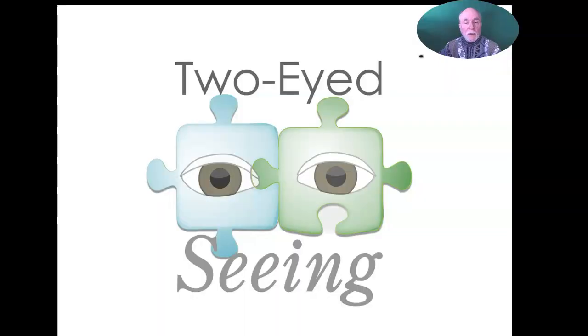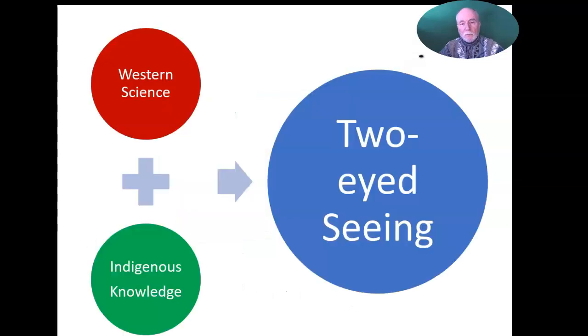Two-eyed seeing, then, is a way of looking at the world that combines Western science with Indigenous knowledge to give a more holistic perspective, and that principle of two-eyed seeing can be evaluated for its meaningfulness, its adherence, and the way in which it illuminates the relationship between human and nature, the results of following the principle.